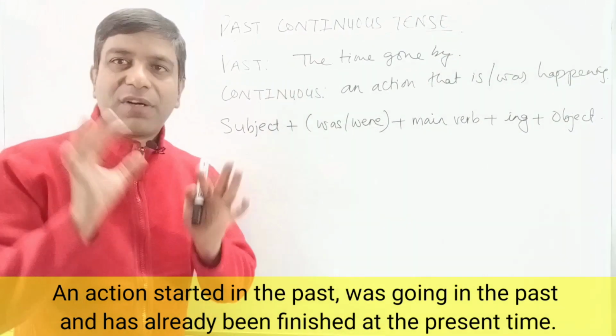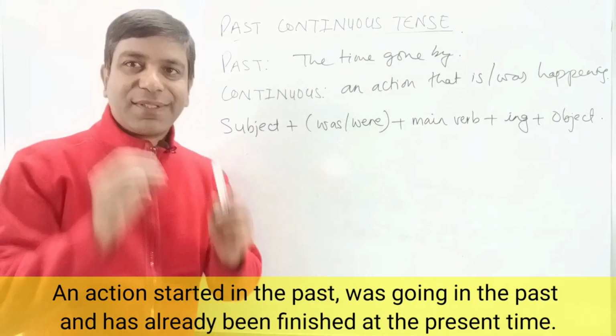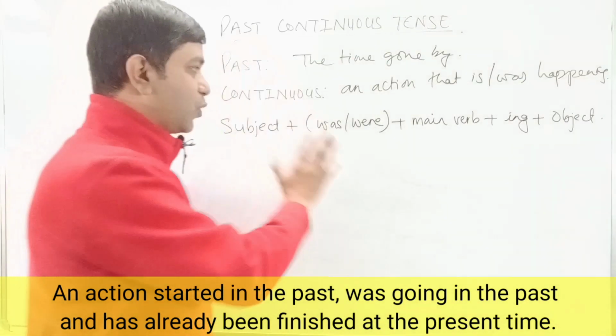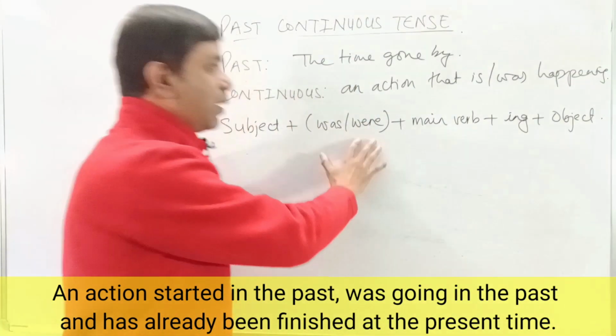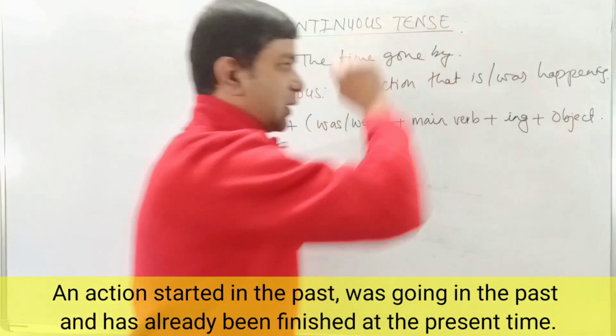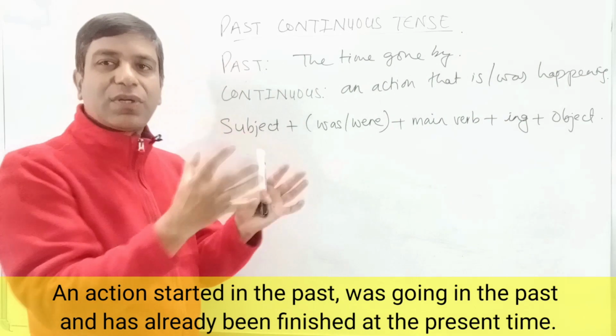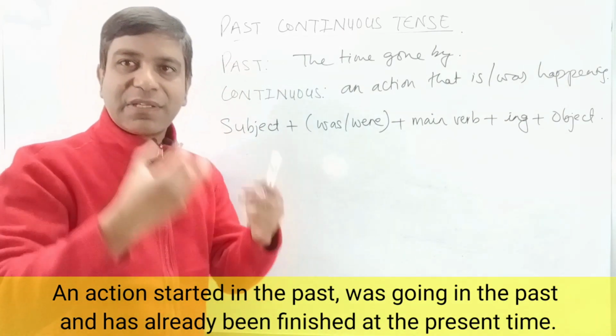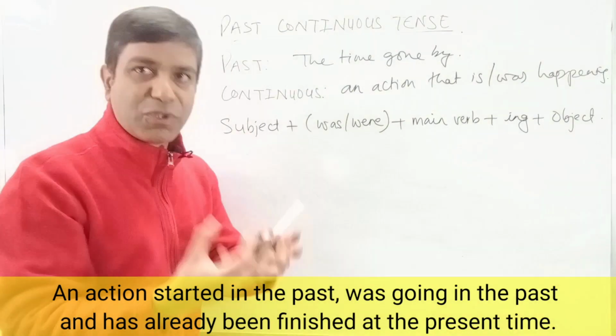The structure of past continuous tense looks like this. It has a subject which is followed by was or were plus main verb plus ing plus object. This is how a past continuous sentence is framed or formed.